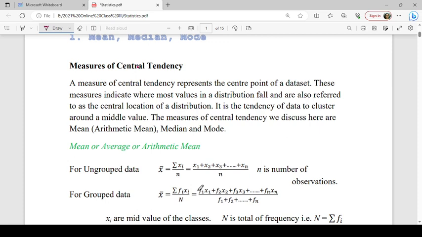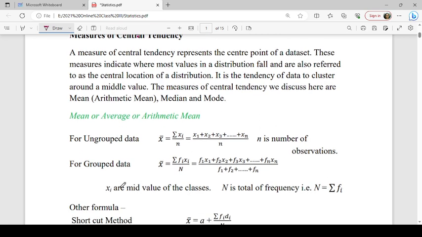So these frequencies and respective x's are the mid values of the classes, and this is the formula for grouped data. This is for a frequency distribution table, and the other is for when we only see the individual values x1, x2, etc.